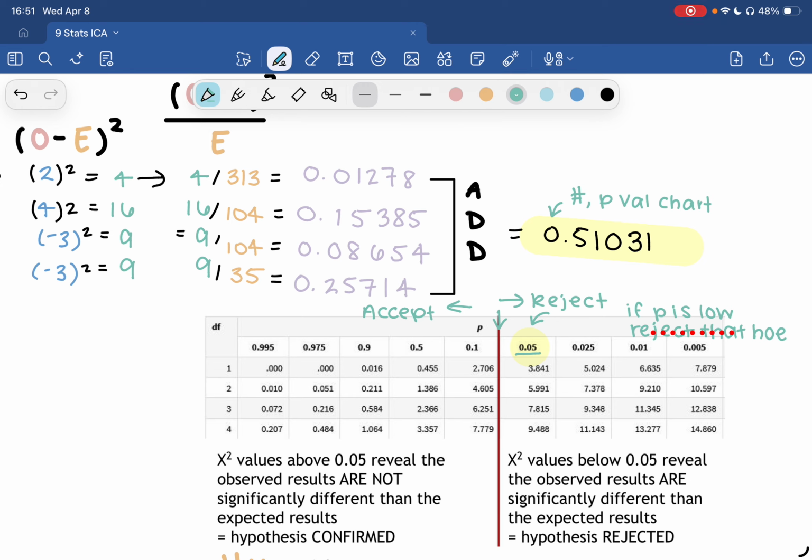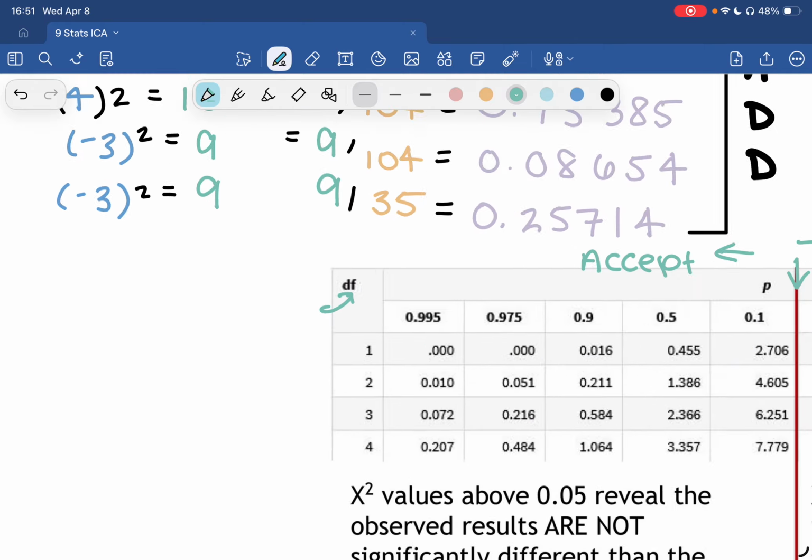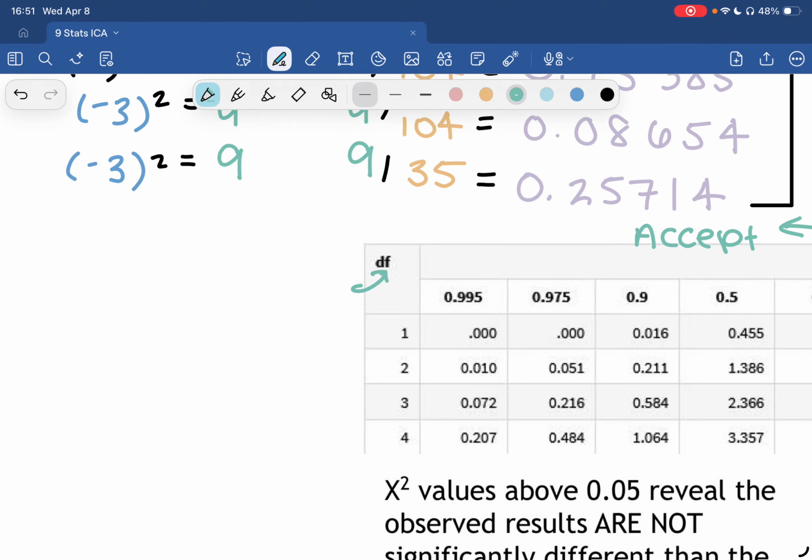So the last thing that we're going to do now that we have our final answer here highlighted in yellow, the 0.51031, we're going to calculate the degrees of freedom. And to calculate the degrees of freedom, all you're going to do is take the total possible number of combinations.